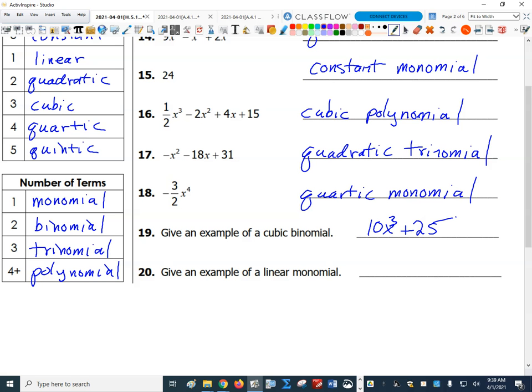There you go. How about a linear monomial? Carrie, can you give me a linear monomial? You said 5? Okay, 5. But if it's, so that's a monomial, but if it's going to be linear, what's the power of x need to be? So like 5x. Okay. All right.